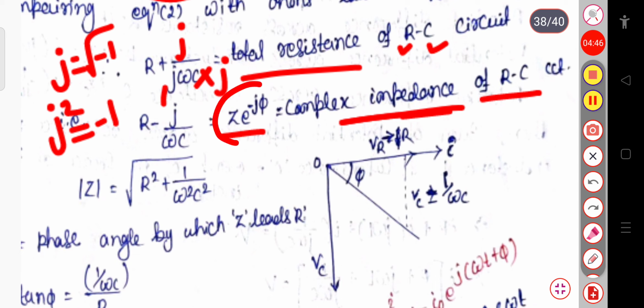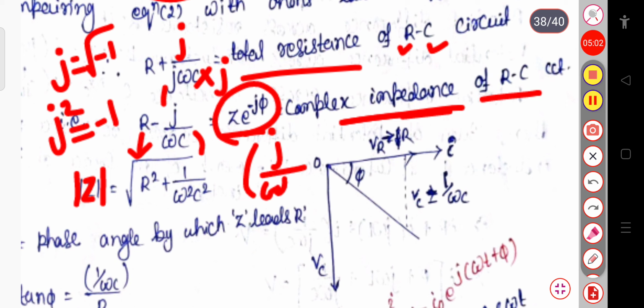This is Z exponential minus j phi. If I take the magnitude of this Z, that is the impedance, then this will be equal to the square root of R square plus minus j by omega c whole square. Since j square is minus 1, this minus 1 becomes plus 1.